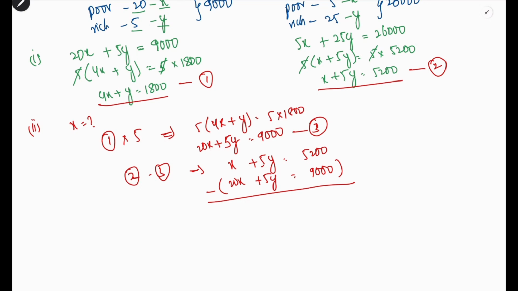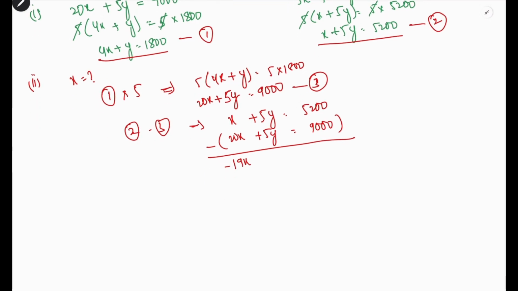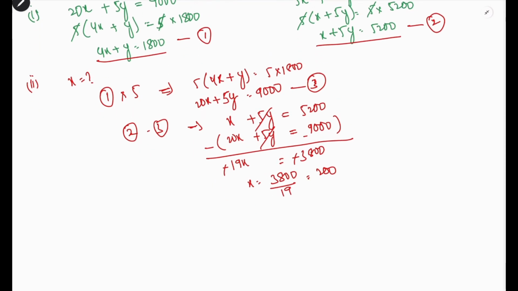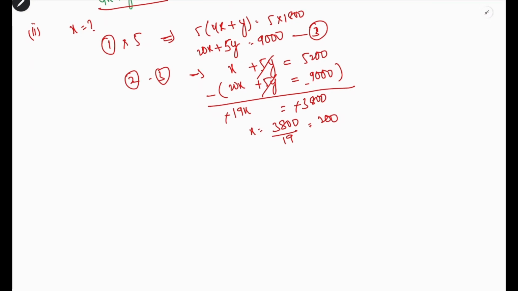Here x minus 20x is minus 19x, and plus 5y minus 5y cancels, is equal to 5200 minus 9000, which is minus 3800. Minus and minus cancel. x is equal to 3800 by 19, which is 200. So each poor child will pay 200 rupees.